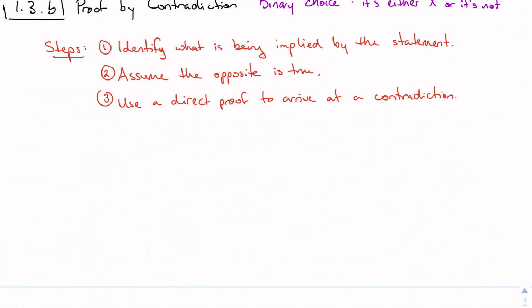I'm trying to work until I get to a contradiction. The fancy Latin phrase for this is reductio ad absurdum, and that literally means reduced to absurdity. So other than sounding like a Harry Potter spell, it means we're going to work this thing out until it gets to the point where it's absolutely ridiculous to consider my statement true.